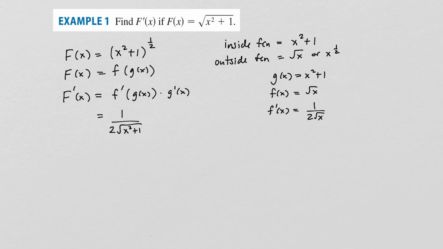So again, the x here is g of x. And then we need to multiply that by g prime of x. And if g of x is x squared plus 1, g prime of x is just 2x. And then if we do the math here, the 2's cancel out, and we end up getting x over the square root of x squared plus 1.